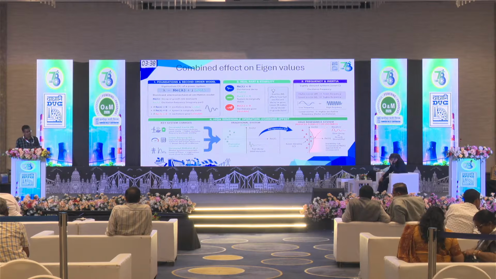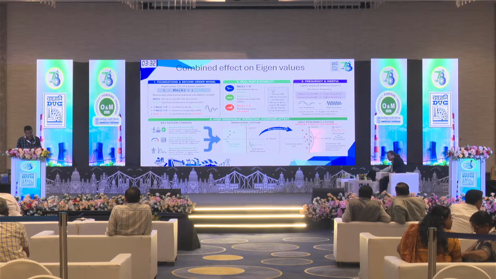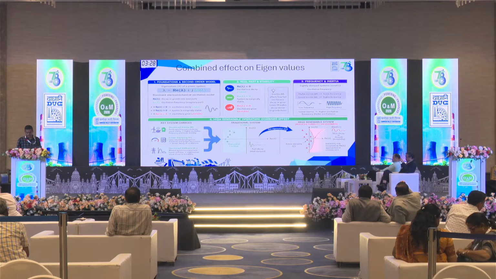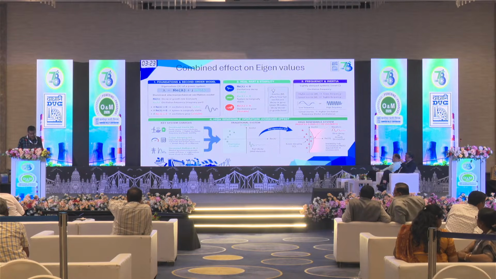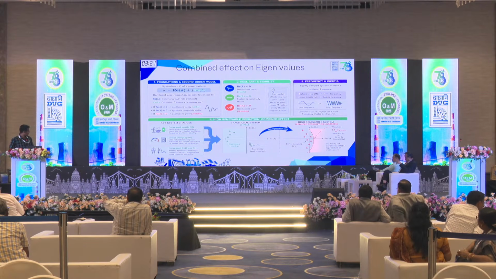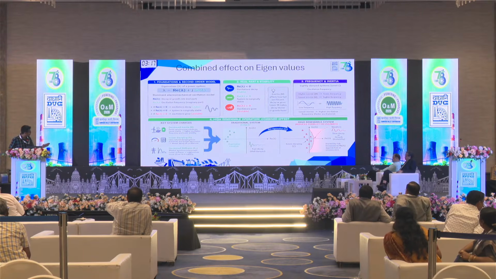A positive real part indicates growing oscillation and instability. Reduced inertia lowers the oscillation frequency, while reduced damping shifts the eigenvalue towards the right half of the plane. Therefore, the eigenvalue shifts from the left side towards the right side of the plane, and finally oscillation increases.